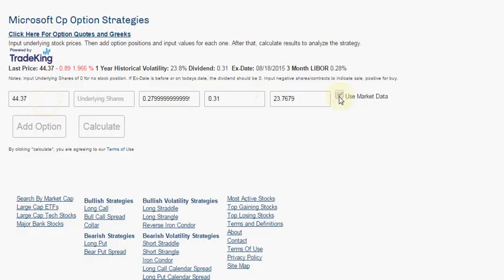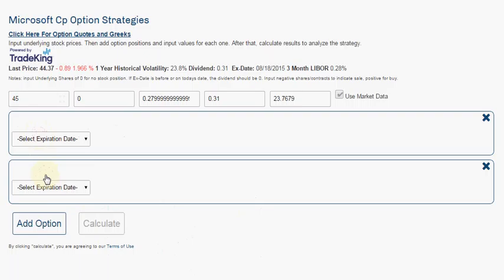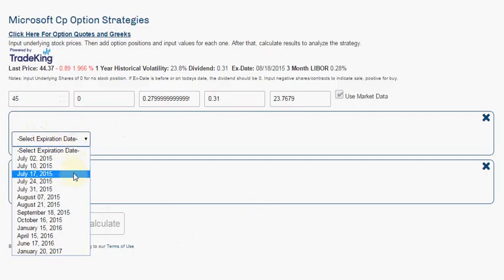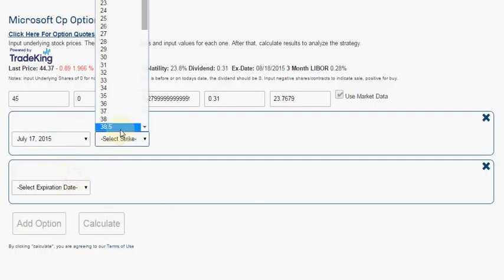Now, I'm going to use market data here, and you can really use any number, and we're going to assume that Microsoft is going to open up a little bit. What we'll do here is a long straddle on Microsoft.